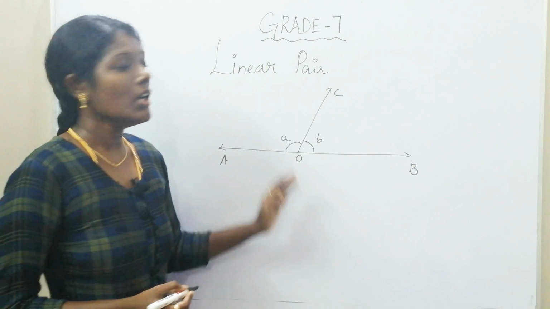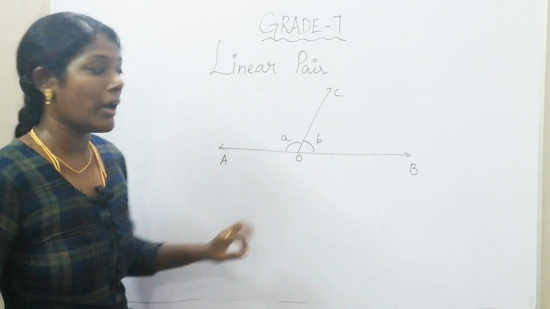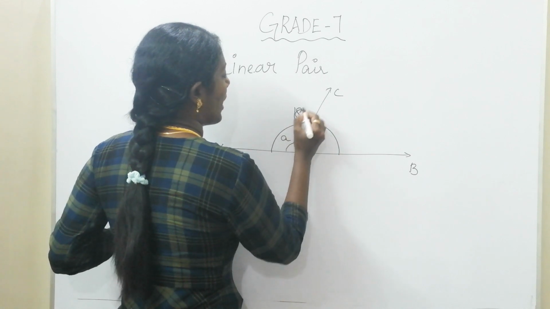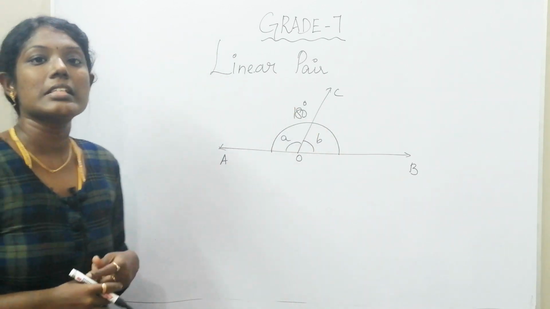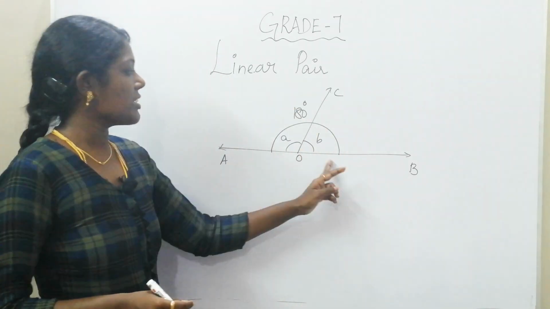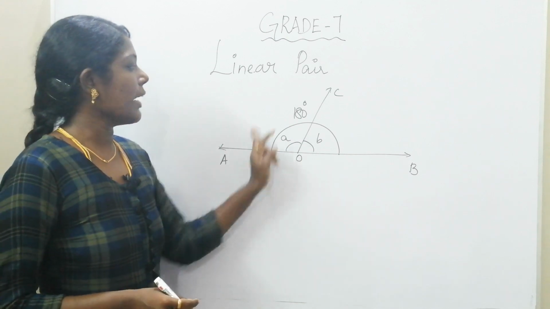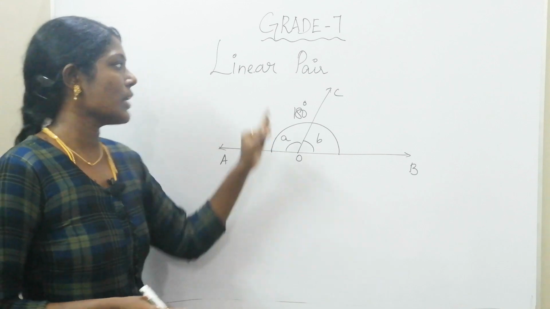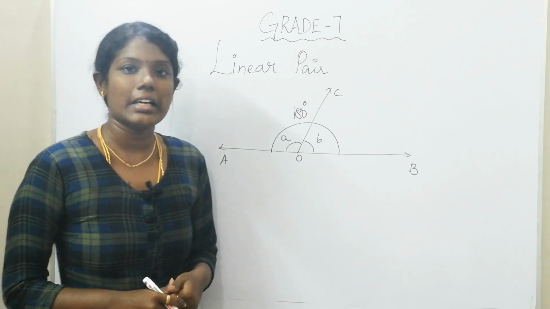They are next to each other. But why do we call this as a linear pair is when the adjacent angles are added up, they give 180 degree. That is called as linear pair. So when these two adjacent angles are added, you will get 180 degree. So adjacent angles adding up to 180 degree together, we call it as linear pair.